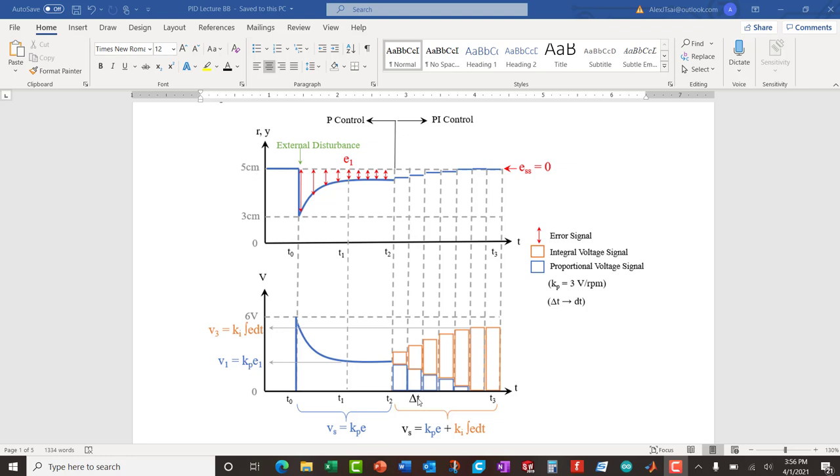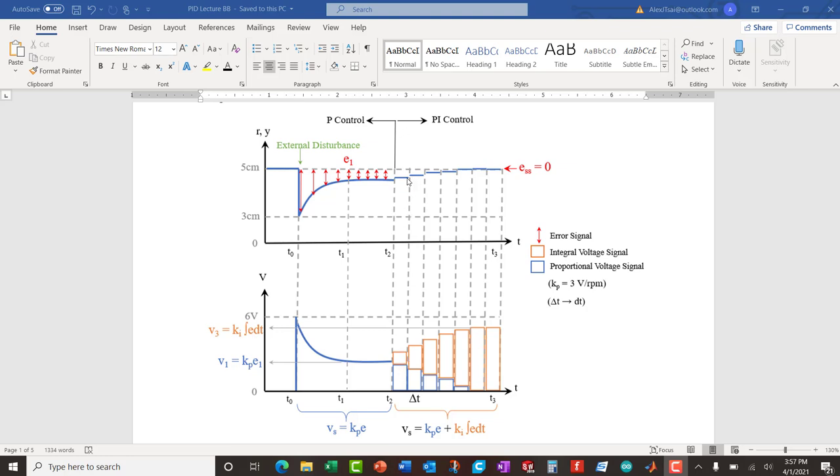So at each time step delta t, now keep in mind integration, it means delta t is very, very small. It tends to dt. So these rectangles are very thin, right? And close together. So these lines are creeping in as integration continues.